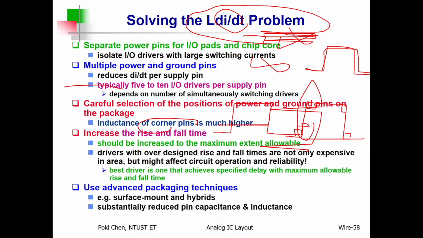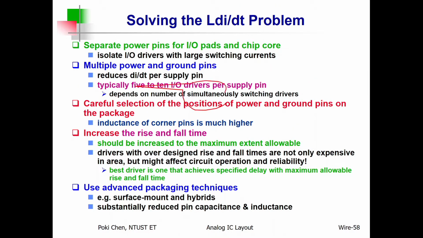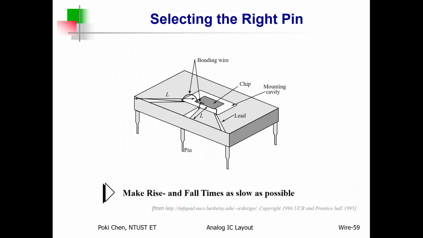And also, the other solution is to carefully select the positions for your VDD and ground. For example, this is the DIP, the package called DIP, dual inline package. For VDD or ground, you had better select the I/O pin with the shortest bonding wire.